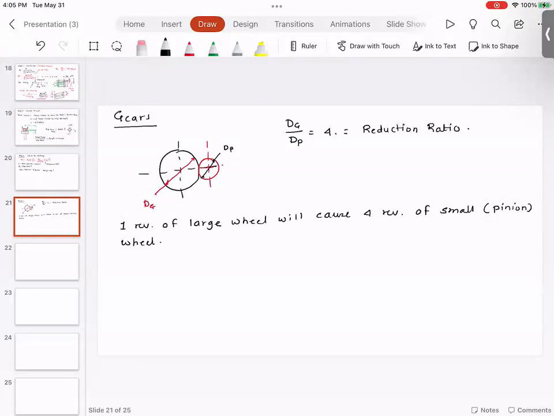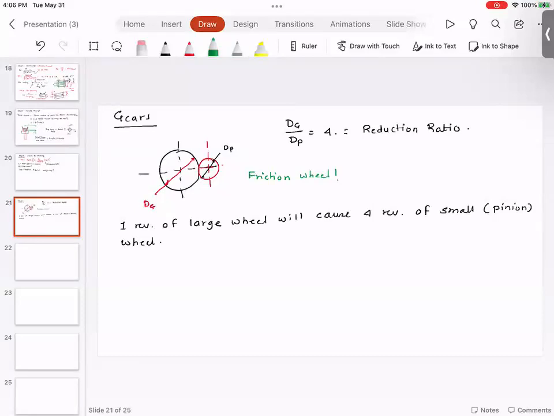So what is the phenomenon that is causing this rotation? So I want you to understand the word is important here, which is friction wheel. So this power transmission or the torque transmission is happening because of friction.